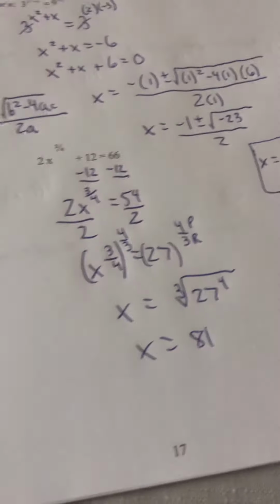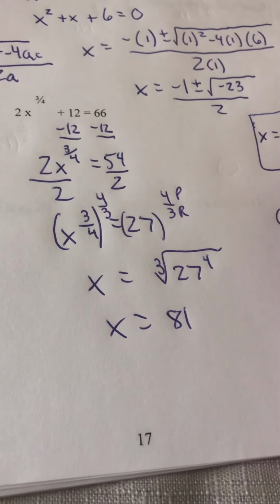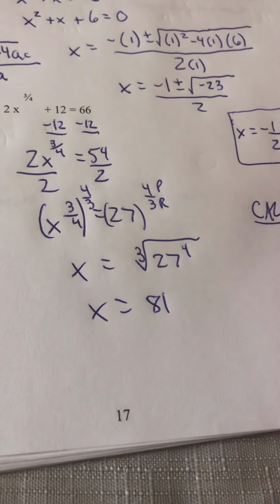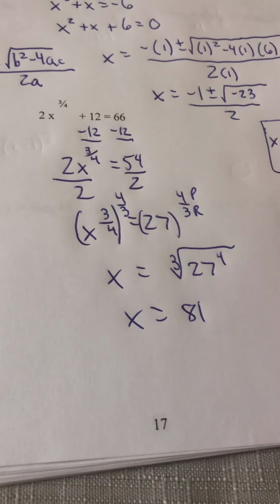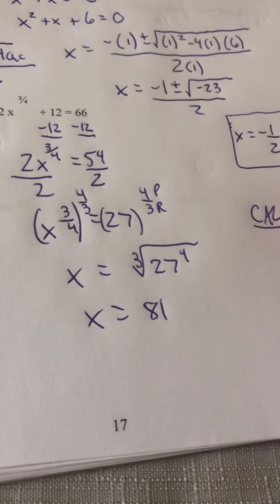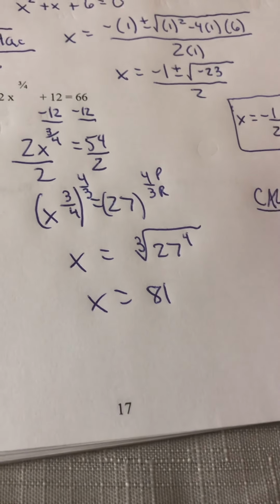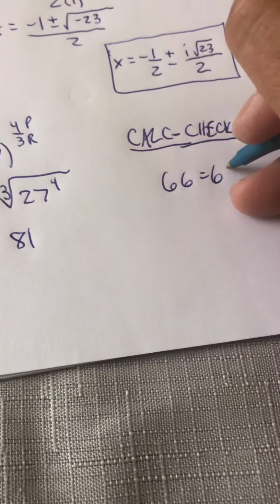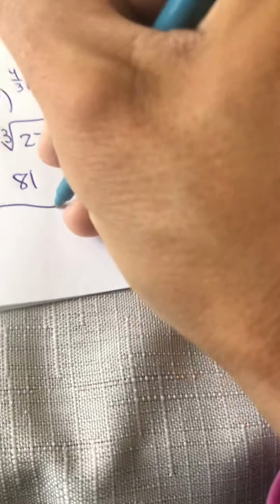And that checks out. So with the calculator check, we know that we have 66 equals 66, and therefore this is our answer.